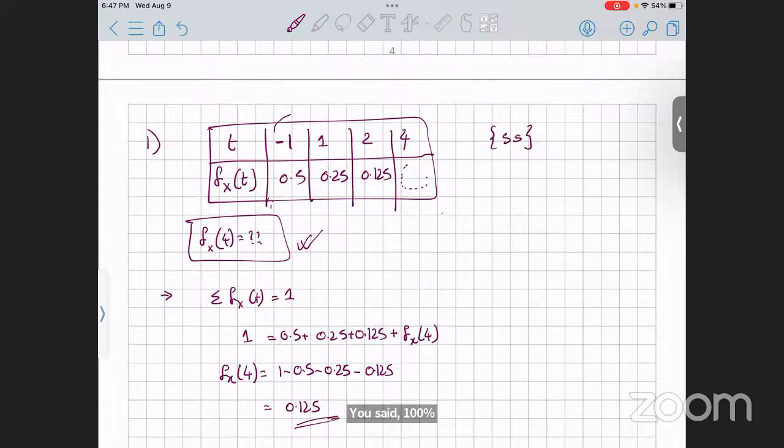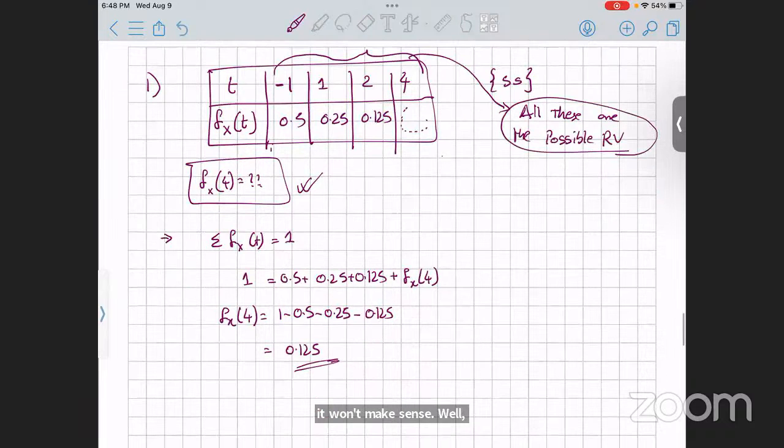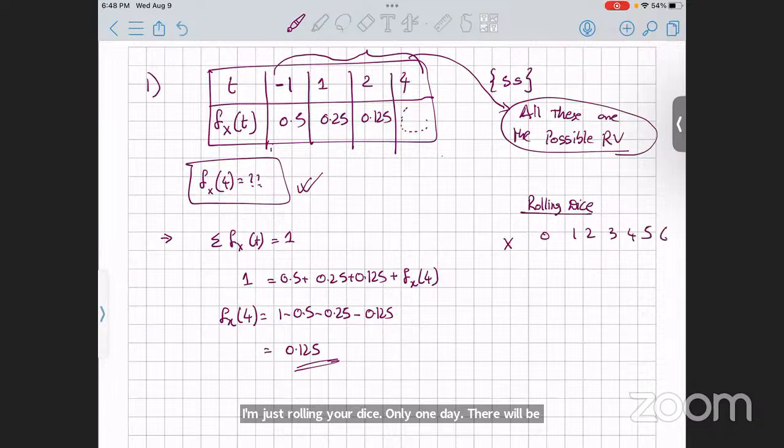If all these are the possible random variables, remember this. If you miss one random variable, then it won't make sense. For example, rolling a single die, the random variables are 1, 2, 3, 4, 5, 6, and 0 won't be there.